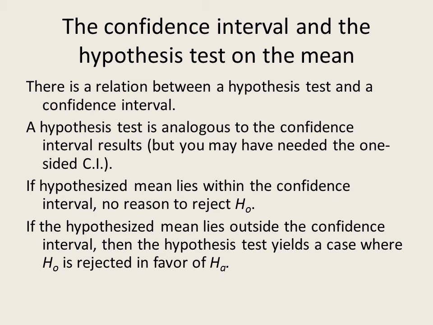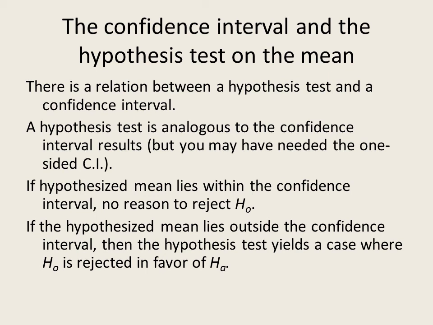In the last section, we learned about confidence intervals. In this section we learned about hypothesis tests, but these are actually very closely linked. In the same way that you might conduct a two-sided hypothesis test, you could have calculated a two-sided confidence interval.